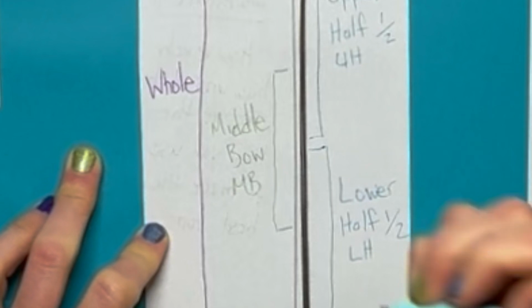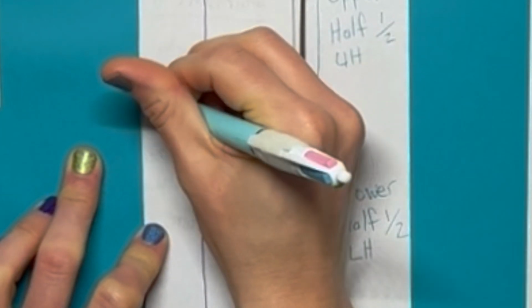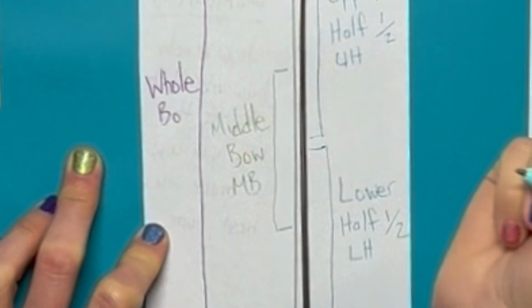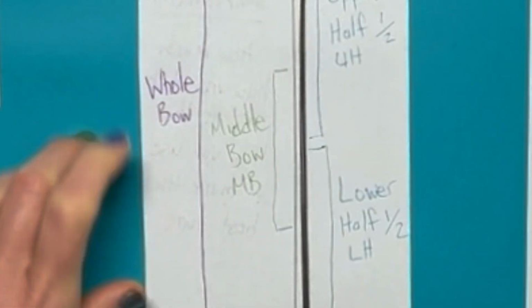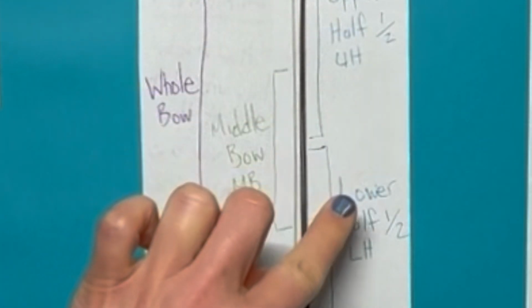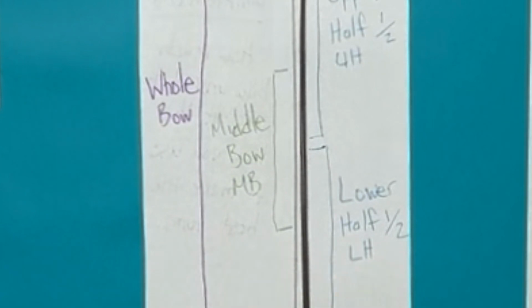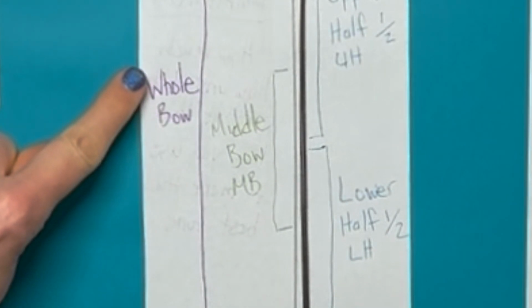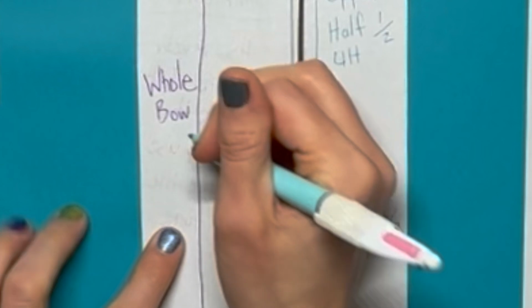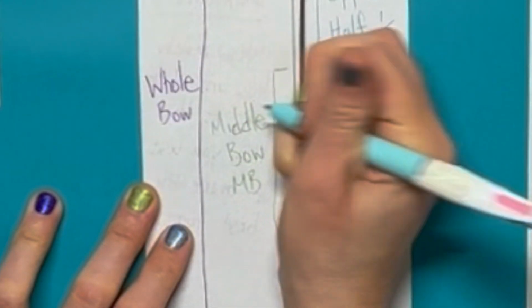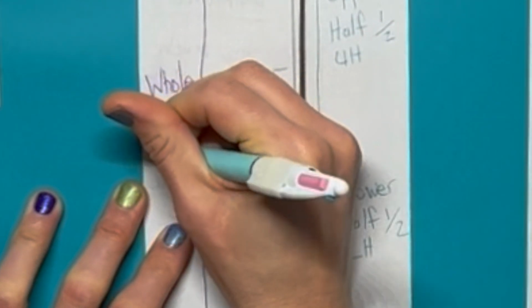And then the word bow is spelled like it's always spelled, B-O-W. And just like we used the first letter of these words to make a shorter version of that, we're going to write WB when we need this on your music so we don't have to write the whole words out. So that's WB.